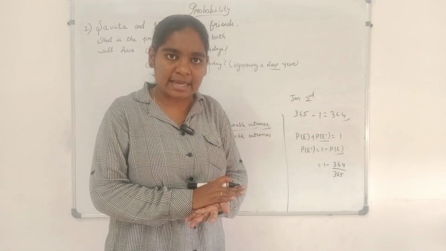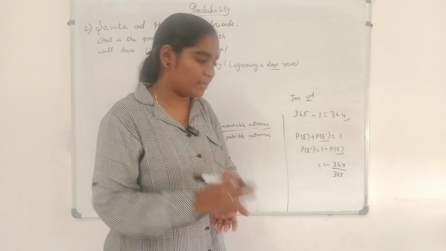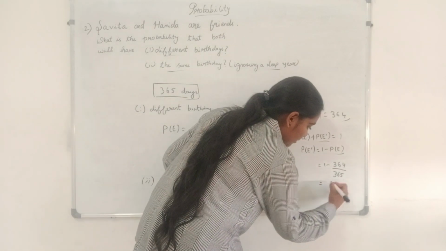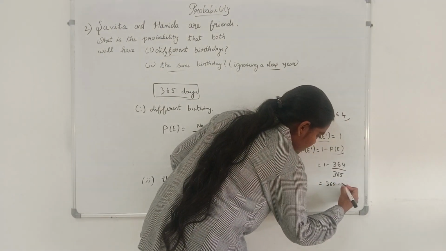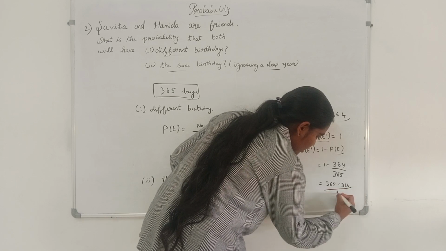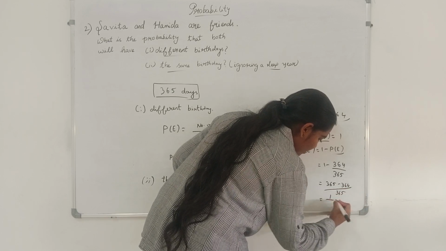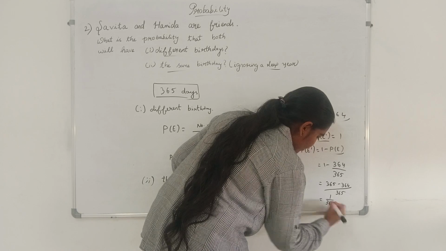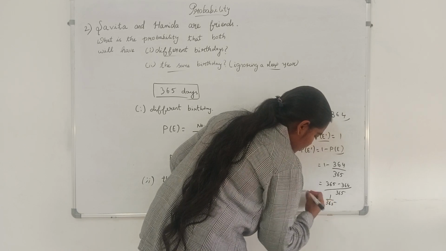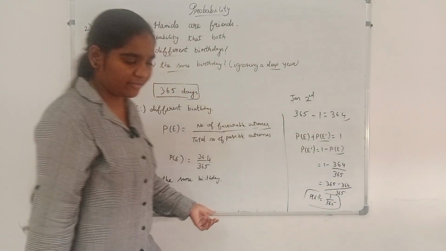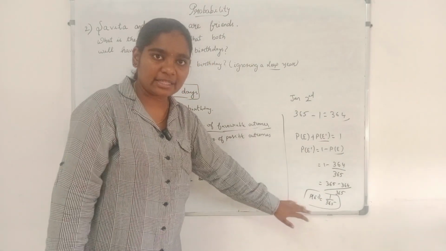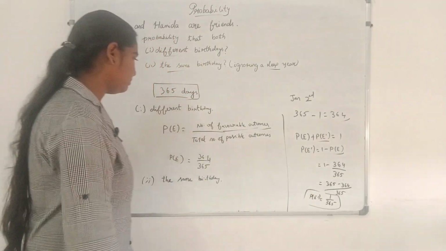So you can find the same birthday by using the different birthday. So I am subtracting: 365 minus 364 by 365, making 1 by 365. So P of E dash, 1 by 365, is the probability of getting the same birthday.